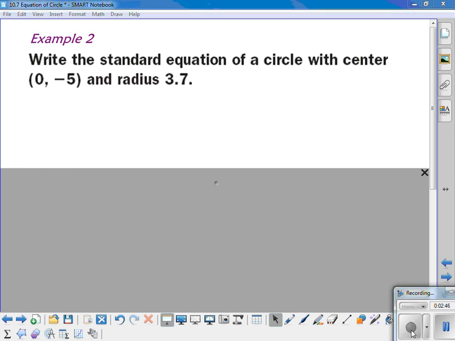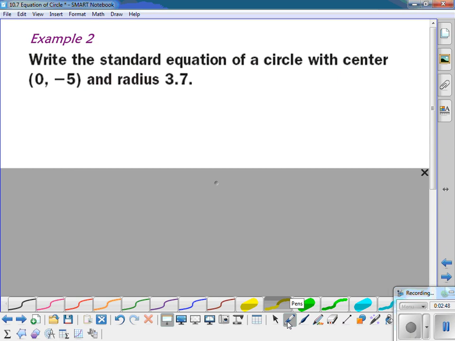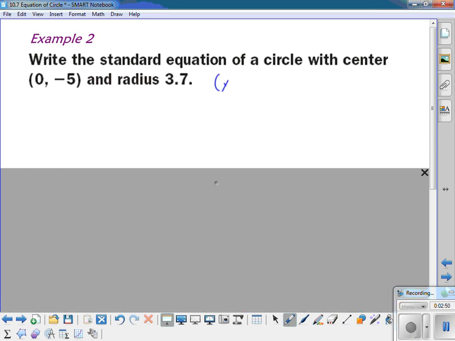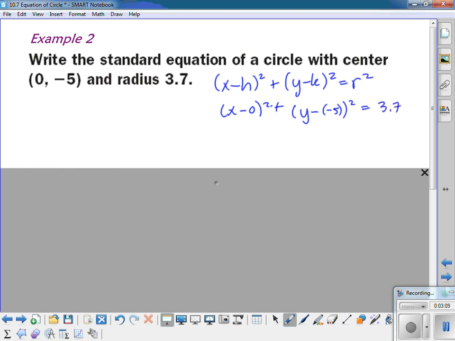Okay, so again, really all you have to do is you just have your (x − h) squared plus (y − k) squared equals r squared. So if I do x minus 0, and then it's going to be y minus negative 5 equals 3.7 squared.